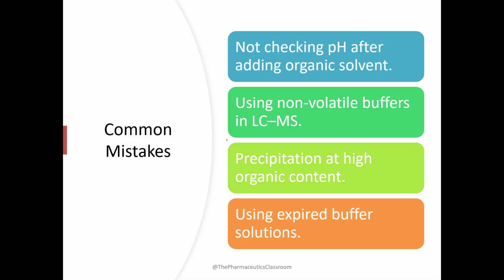Make sure the buffer you are using is compatible with your detector. As I told you, with phosphate buffer you should check at which concentration and in which ratio of aqueous buffer and organic phase it gets precipitated. And we should not use expired buffer. These are the common mistakes we should think about.